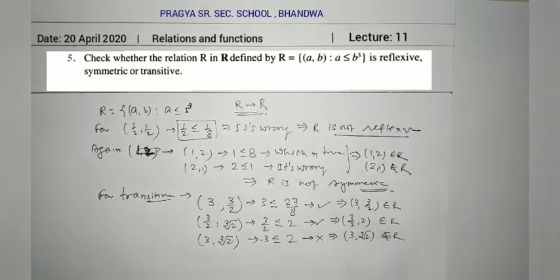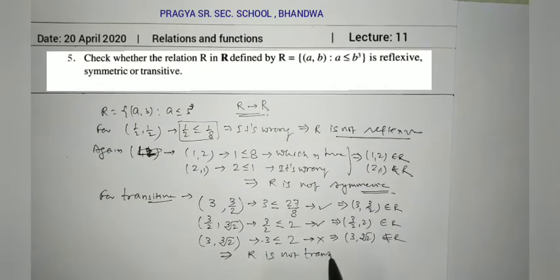So we can see very clearly here that (A, B) belongs to R, (B, C) belongs to R, but (A, C) does not belong to R. If you are able to prove it for any one pair, we can say that it's not transitive. So this implies R is not transitive.